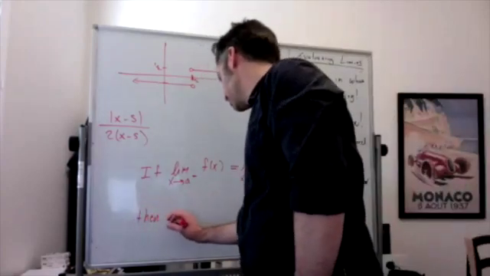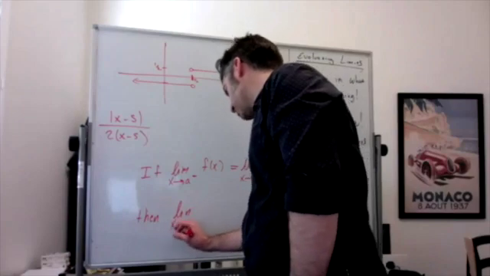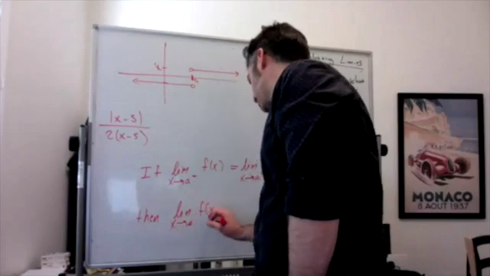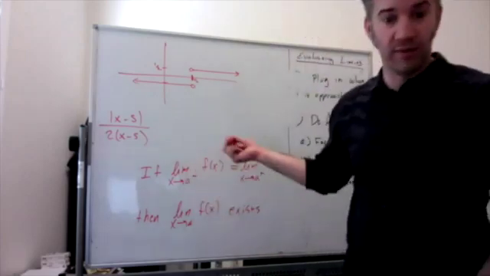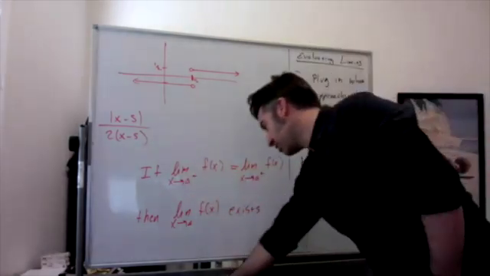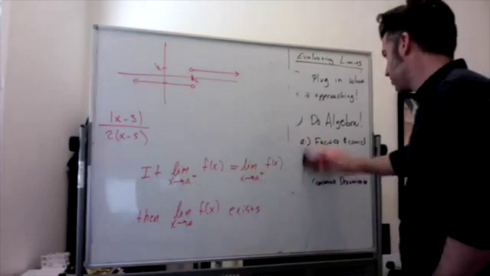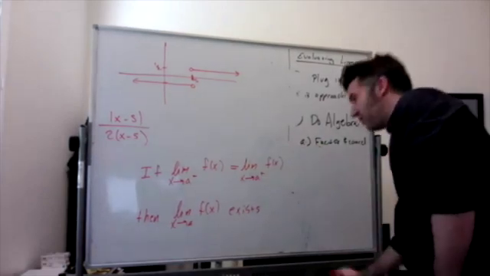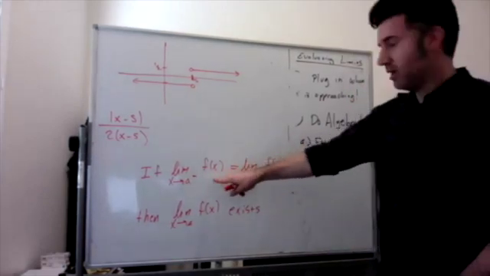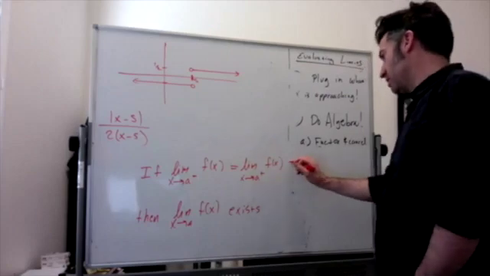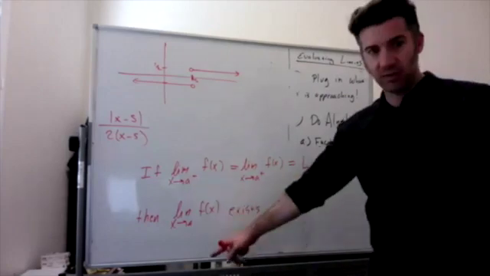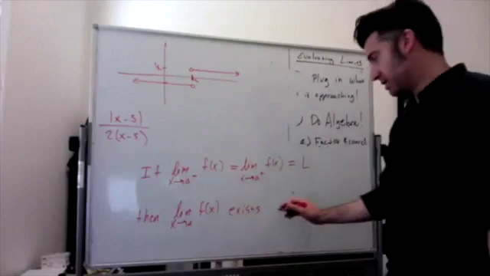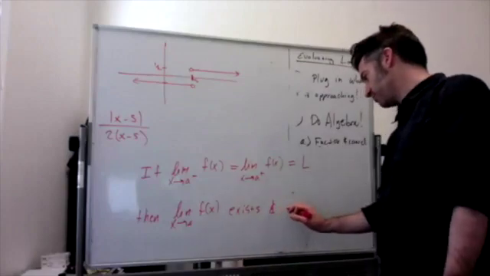Then the limit as x approaches a of f of x is equal to whatever those are equal to. So typically we actually say, if the limit as x approaches a from the left equals the limit as x approaches a from the right equals some value L, then the limit as x approaches a overall exists and is equal to L.